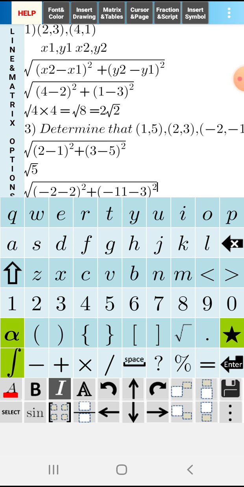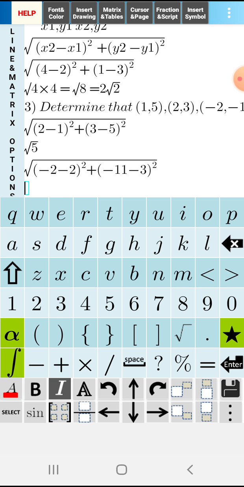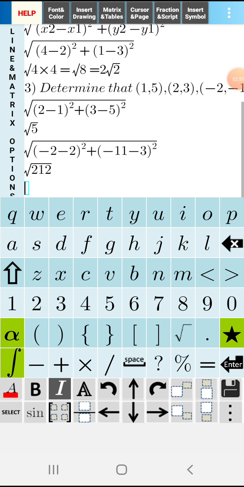Minus into minus is plus, so 4 whole square, that is 16, plus 14 whole square, that is 196. The total is 212, so the answer is root 212.